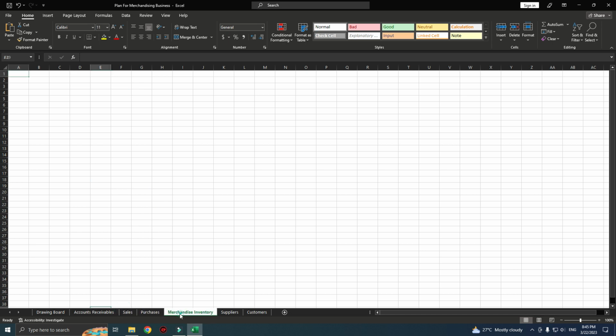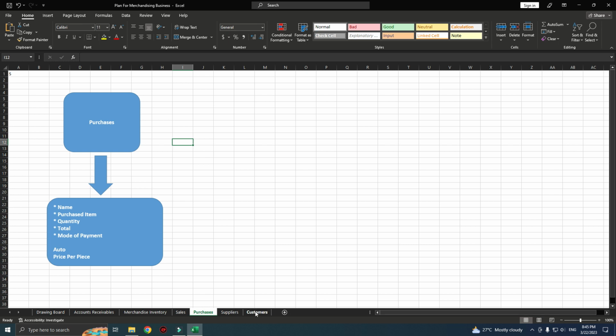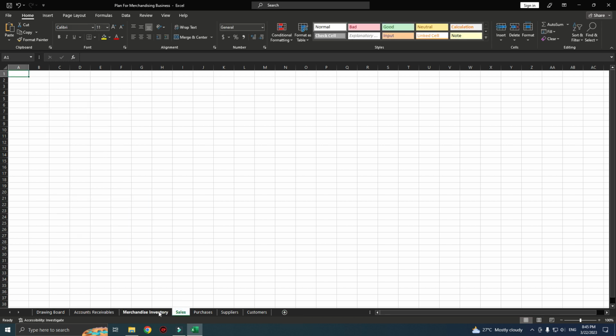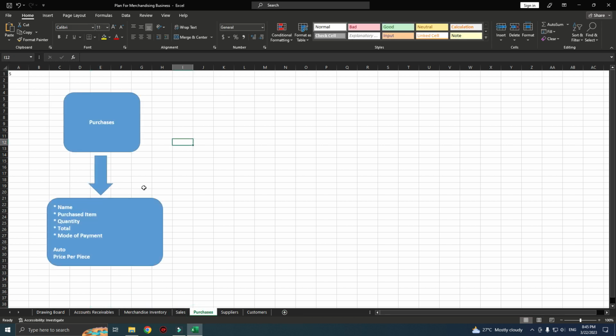So let's arrange this: merchandise inventory, sales, purchases, suppliers and customers, accounts receivable. And also have cash. Okay, let's go for the sales.